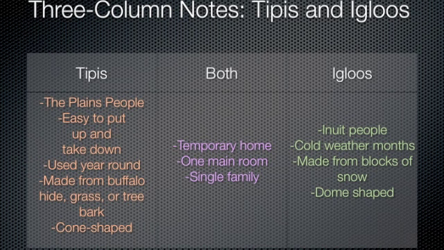Orange for teepees, purple for both, igloos green. And you'll notice that I've got the same organization as the Venn diagram. I just found it easier to make sense in my mind. Logically, the things that are different are going to be the furthest apart, and the things that they each have in common, I put them in the center so it connects them.